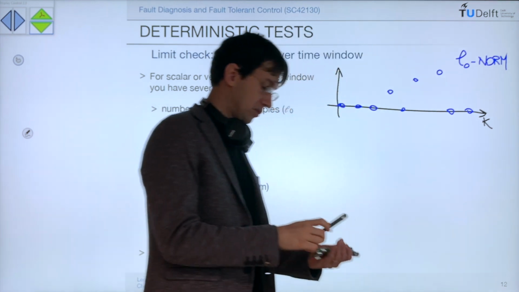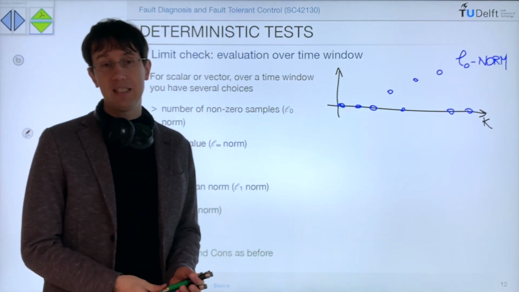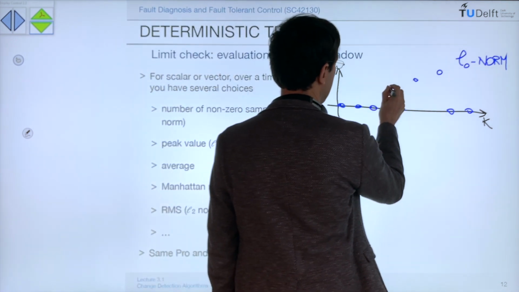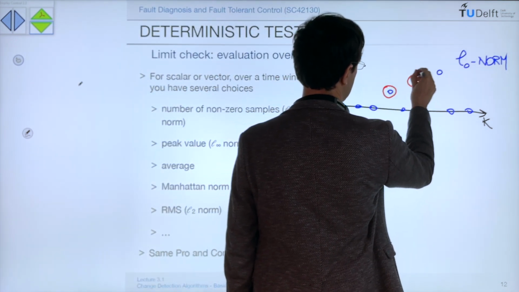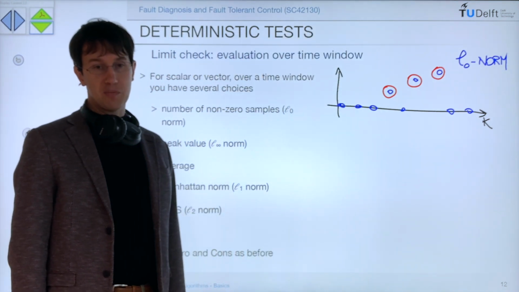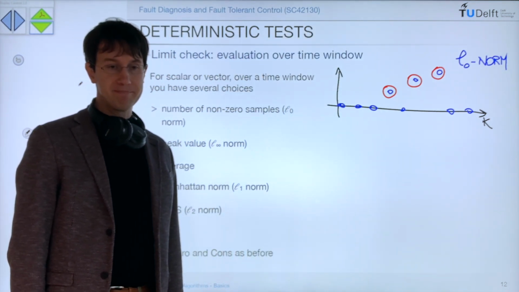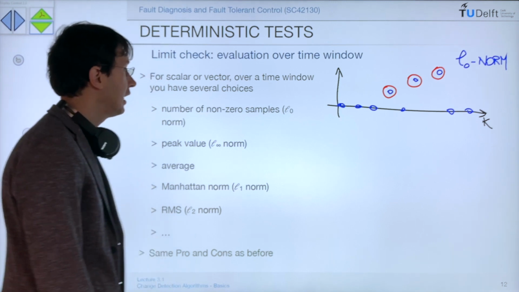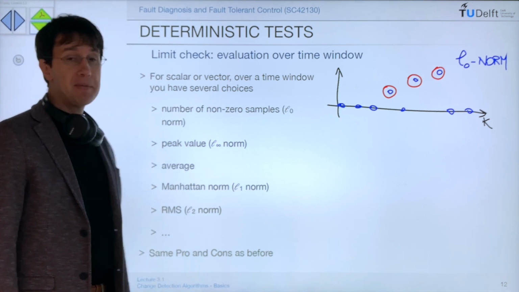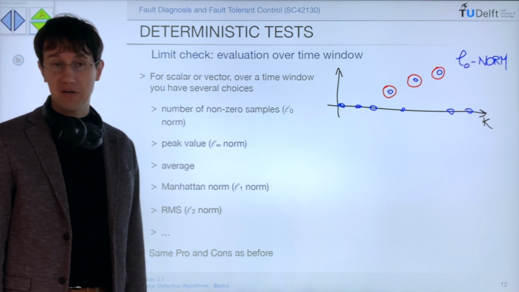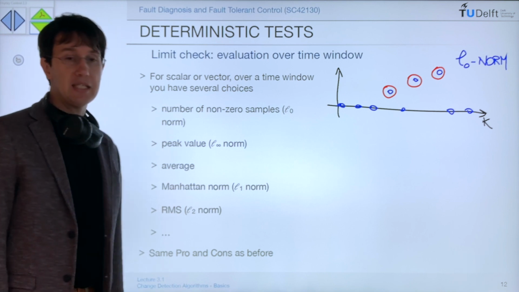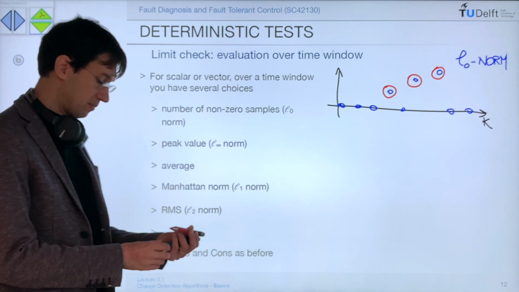And the L0 norm is telling us the number of samples that are non-zero. So we have in this example 1, 2, 3. The L0 norm of this is equal to 3. But I can also do another thing. I can look at the peak value of the signal over a time window, and this is equivalent to computing the L infinite norm of my signal.